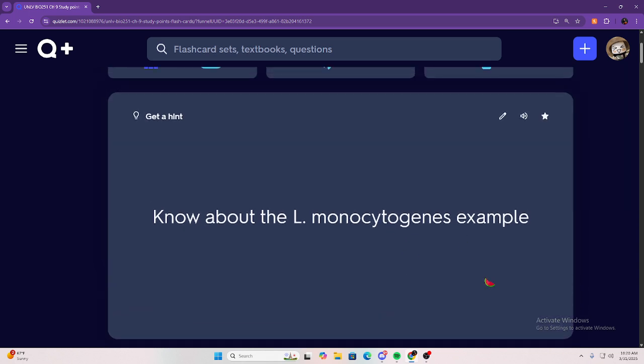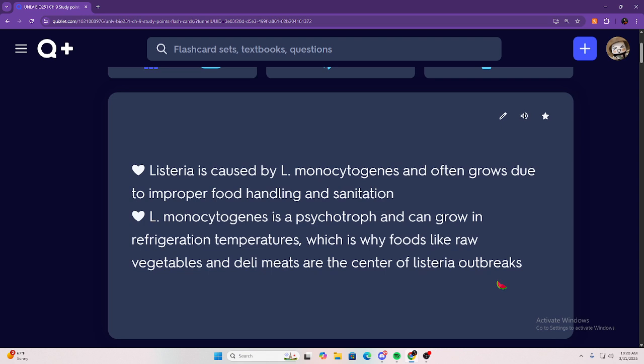Know about the L. monocytogenes example. Listeria monocytogenes is often grown due to improper food handling and sanitation. It's grown and ingested, and that's because Listeria monocytogenes is a psychrotroph, right? A psychrotroph is one that likes refrigeration temperature.